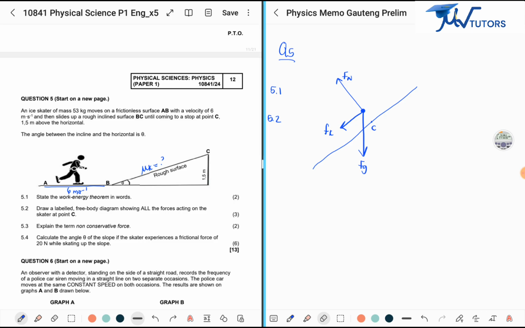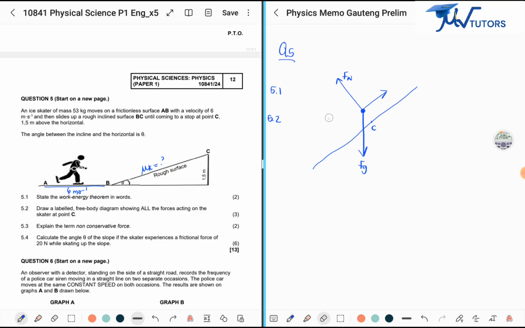Once you are still, your tendency is to slide down the slope, so friction will oppose that intended motion.